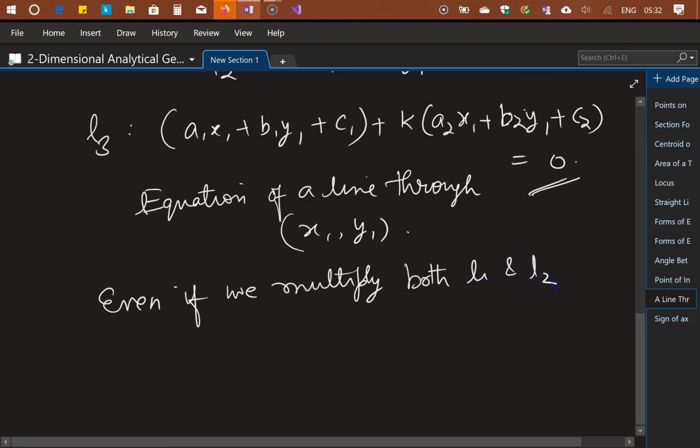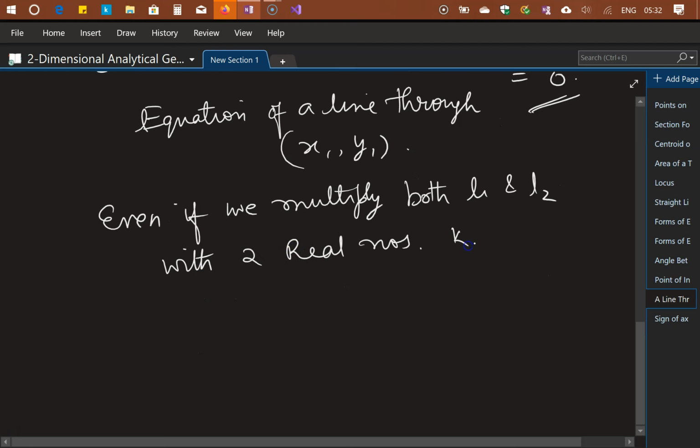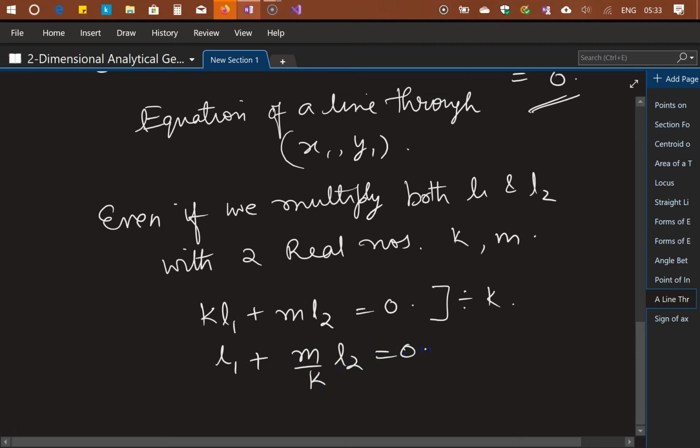Now even if we multiply L1 and L2 with 2 real numbers, let's say k and m, what do we get? k L1 plus m L2 equal to 0. Even if we do something like this, it still boils down to the same thing, because if we divide it by k, k will disappear here and this will become (m by k) L2 equal to 0.